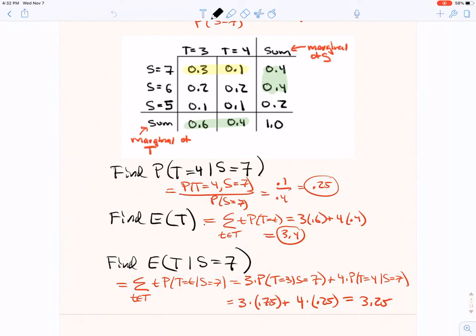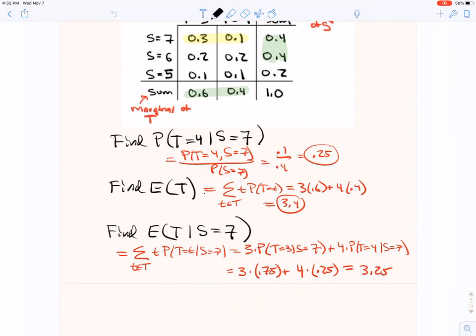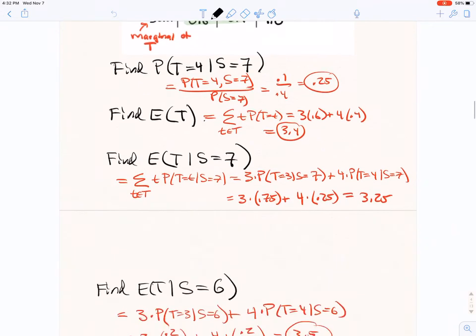To find the probabilities that T takes those values, you have to look in the marginal of T. And for the conditional expectation, which is the third one here, T takes the same values, 3 and 4, but now instead of the probability that T is t, you need the probability that T is t given S is 7. So you use conditional probabilities there. And so we get 3.25.